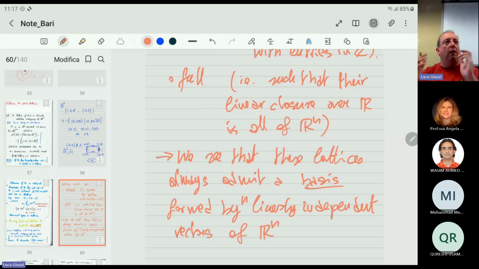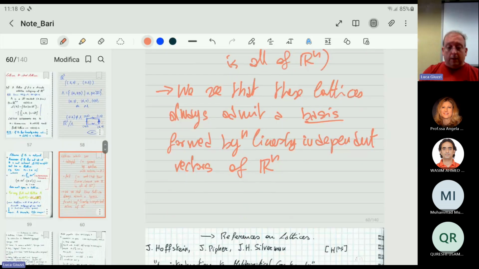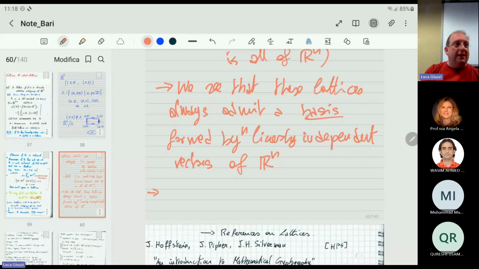So a basis of a lattice in these cases is also a basis of a vector space. And this is something which will turn out to be very useful, because if we have a vector space, we can have a change of basis.